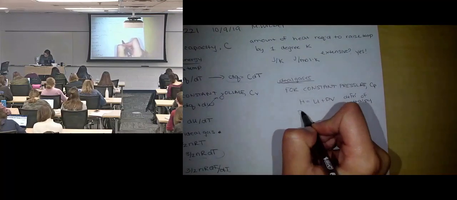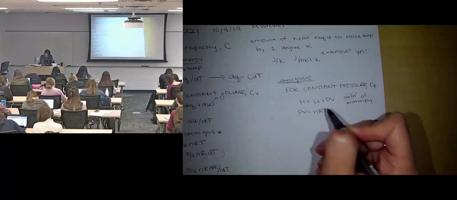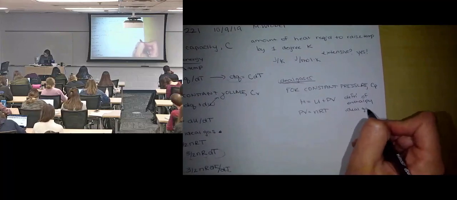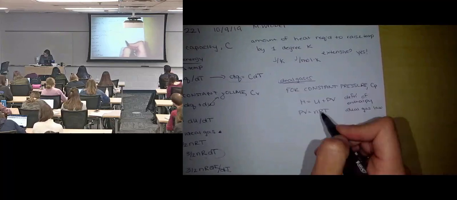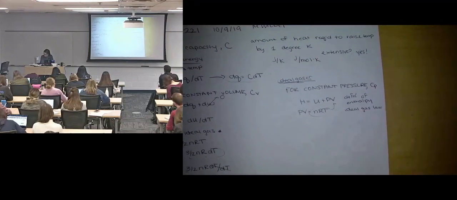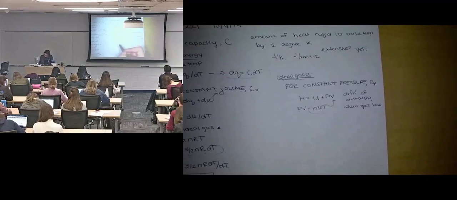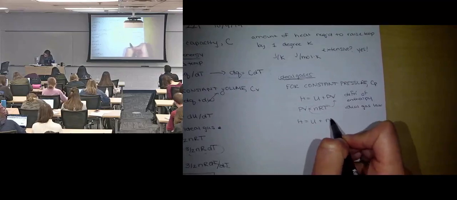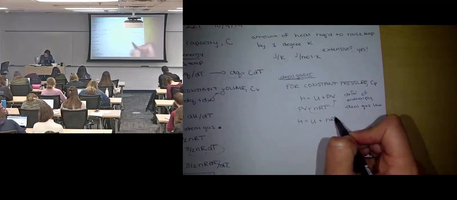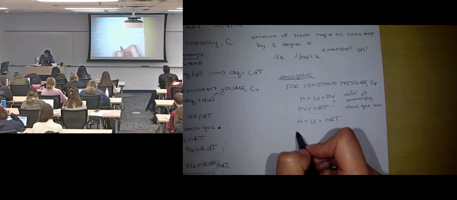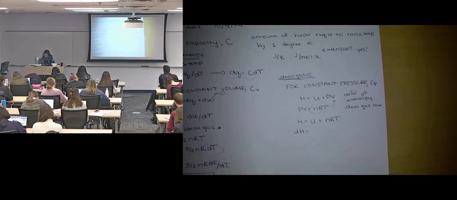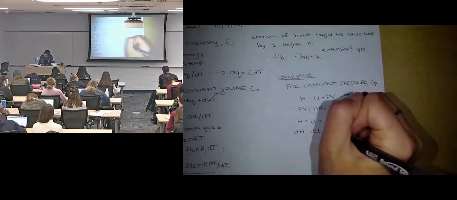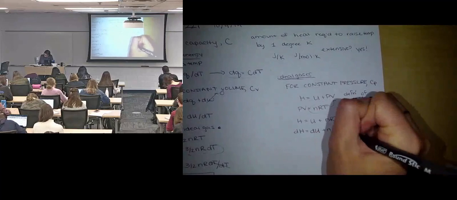Ideal gas law, PV equals nRT. So first thing we want to do is plug this in for our PV term in enthalpy. So we have enthalpy is equal to internal energy plus number of moles of gas times gas constant times temp. We write it as change in enthalpy, so we'll have dH equals dU plus nR, our constants, dT.